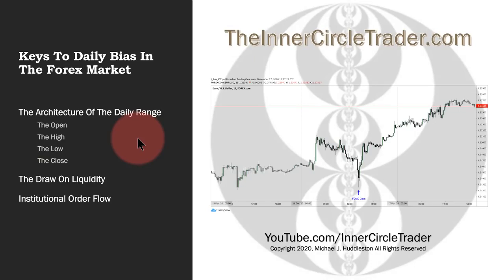Get yourself a journal. You can do it electronically or you can do it by hand. But you want to be able to start capturing an everyday study of bias. And you want to have a record of what you think the bias is going to be for the coming week.